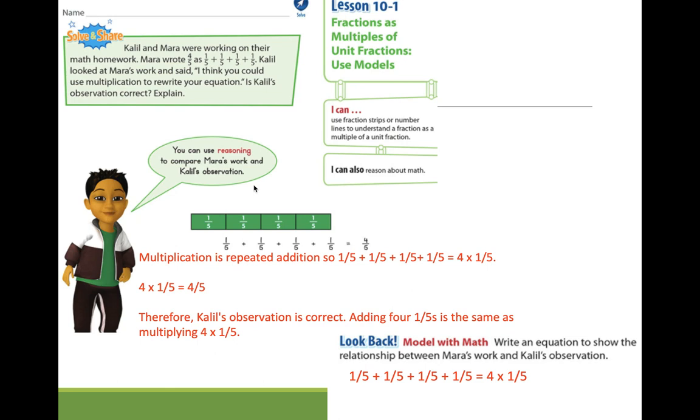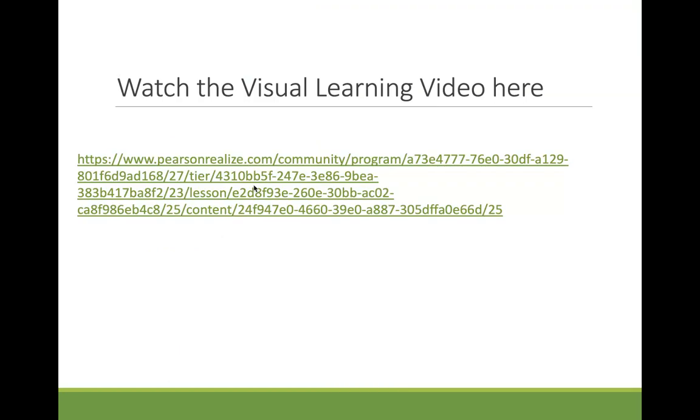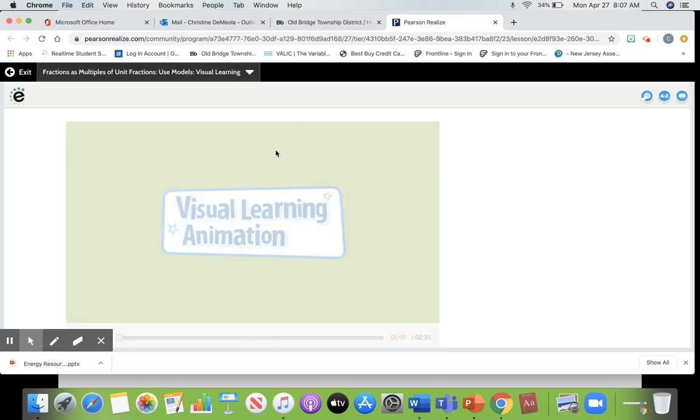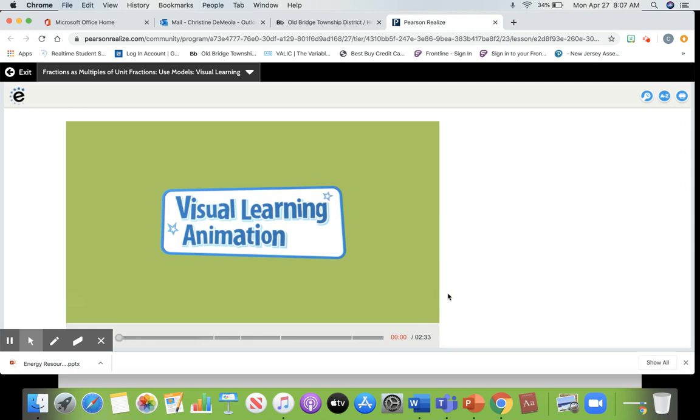We can say that 1/5 plus 1/5 plus 1/5 plus 1/5 is equal to 4 times 1/5. That would be the same thing as saying 4 plus 4 plus 4 is equal to 3 times 4. Let's click this link and we'll watch the visual learning video here. Make sure that you're logged into Envisions when this happens.